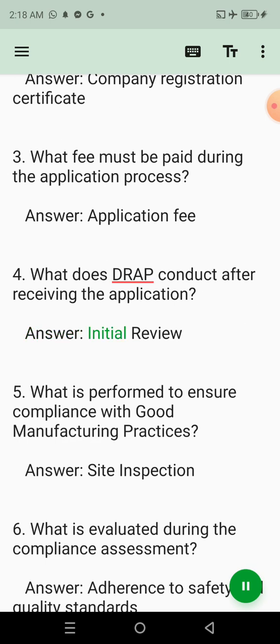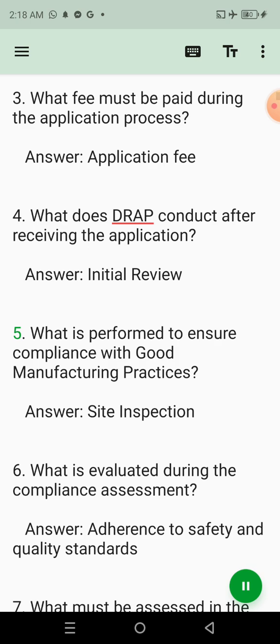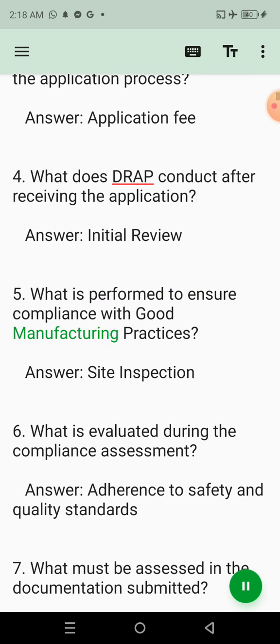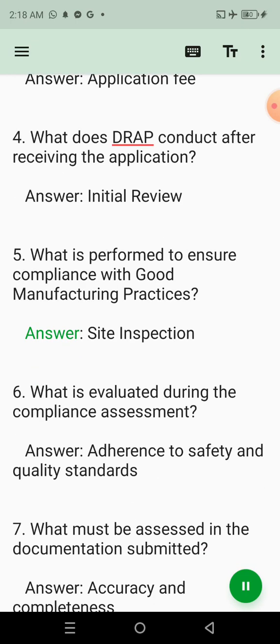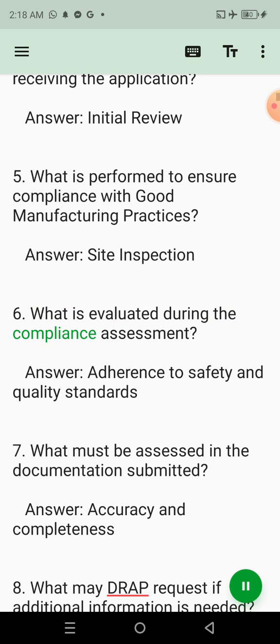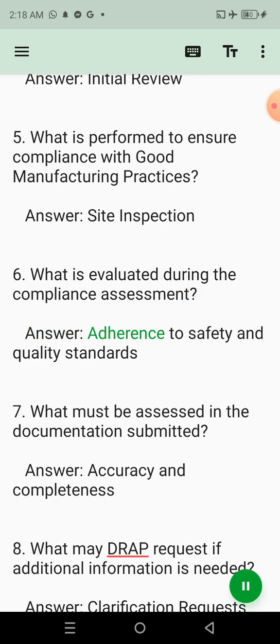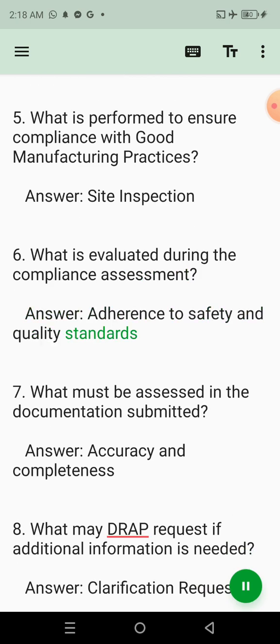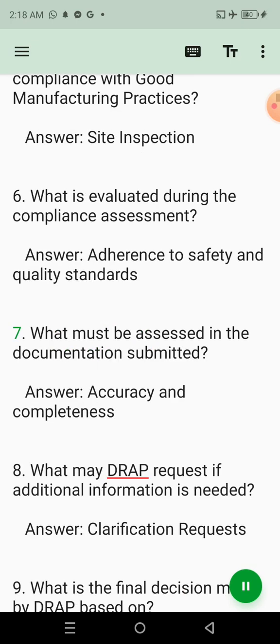Answer: initial review. 5. What is performed to ensure compliance with good manufacturing practices? Answer: site inspection. 6. What is evaluated during the compliance assessment? Answer: adherence to safety and quality standards. 7.